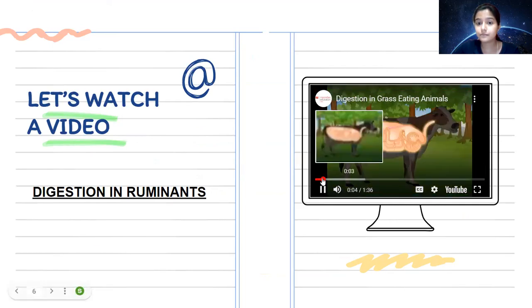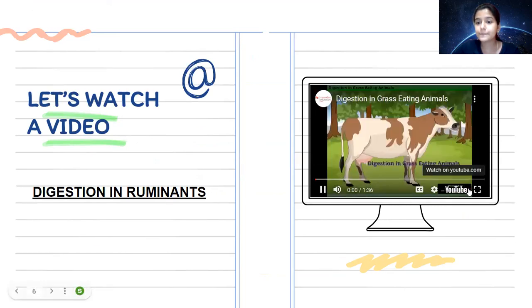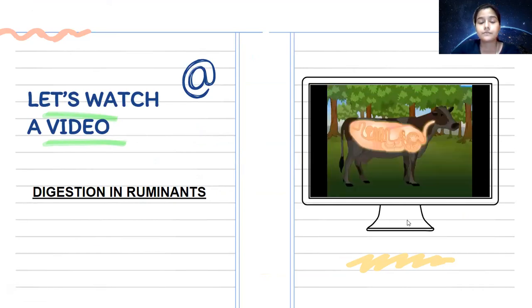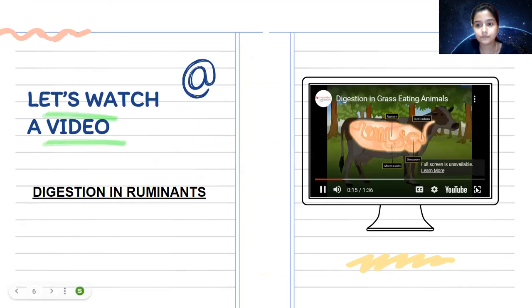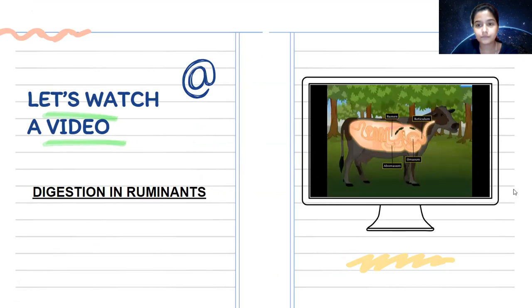Unlike humans, all grass-eating animals have a special stomach with 4 chambers, namely rumen, reticulum, omasum, and abomasum. Let's see the process of digestion in grass-eating animals. The animals quickly swallow the grass and store it in rumen, the first chamber of the stomach.